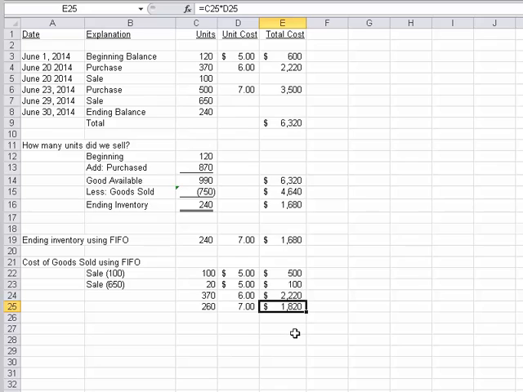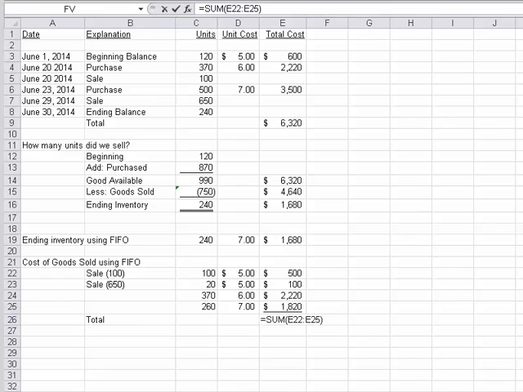Okay, and at this point I'd be able to calculate the total cost of goods sold directly. Okay, so now you can see I'm going to enter this equal sum E22 to E25, and what do I get?